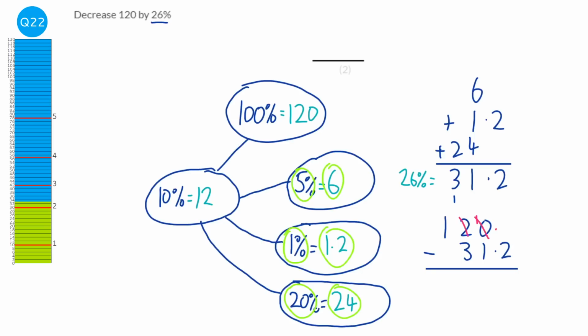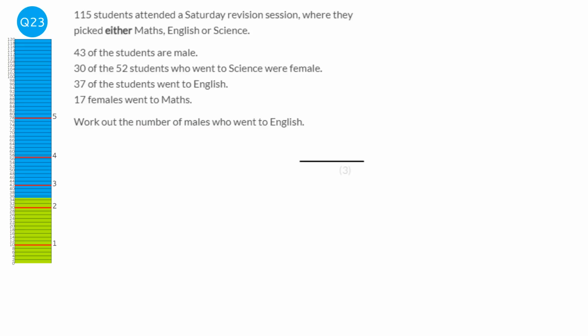Borrow 1 there to make that a 10, and that would be a 9. So 10 take away 2 is 8. 9 take away 1 is 8. And there's a 1 here, so we need to borrow that 1. That's 11 take away 3, which is 8. So our answer is 88.8.